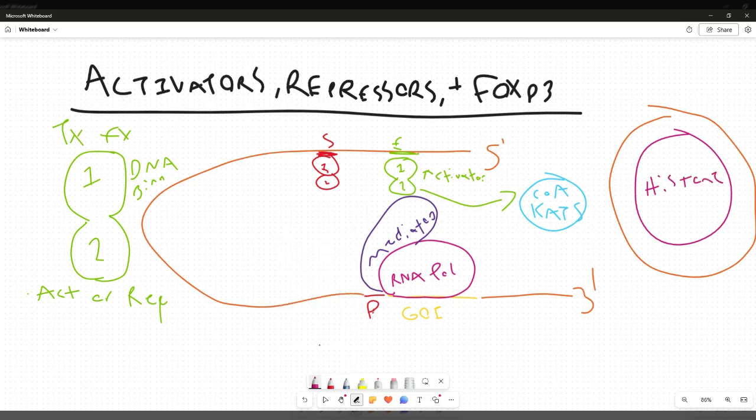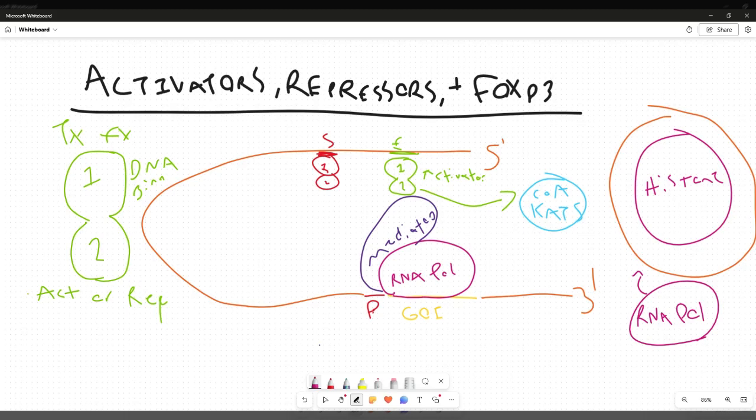It's like a ball your DNA is wrapped around, but for this, I think it's fun to think of it as an airport. So imagine your histone is an airport, and your DNA are the runways in that airport, and your RNA polymerase is a plane that's trying to land on the runway at the airport.